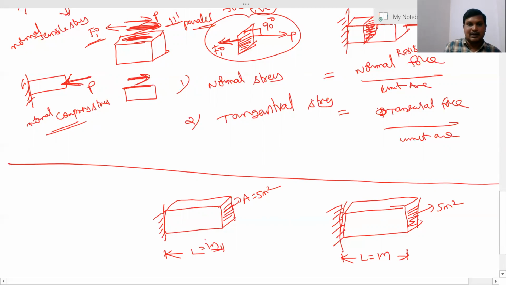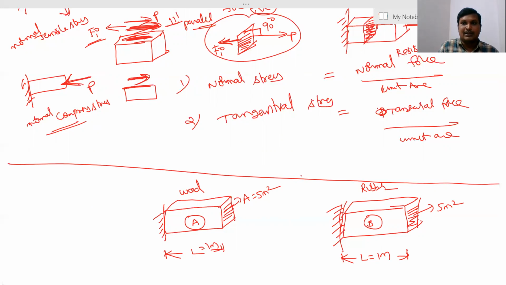But this is material A and this is material B. This one is wood and this one is rubber. So two different materials, one wood and another rubber, but with the same geometrical dimensions, meaning length, volume and area are everything the same.